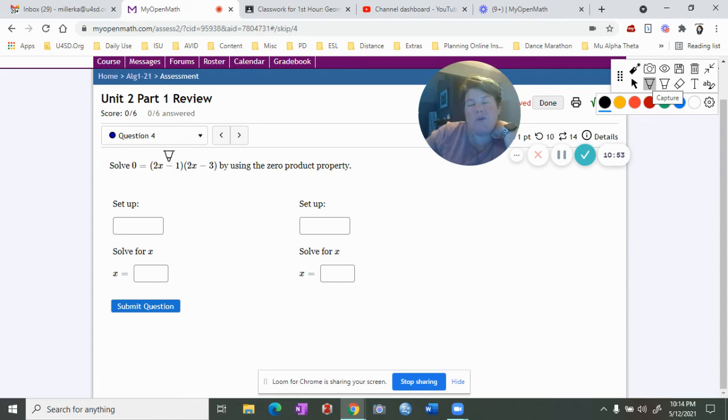Okay, so this setup is telling me that I need to break this equation up into 2 smaller equations, and that's what we're going to do. Remember, the zero product property tells me that A times B equals 0 means that A equals 0 or B equals 0.